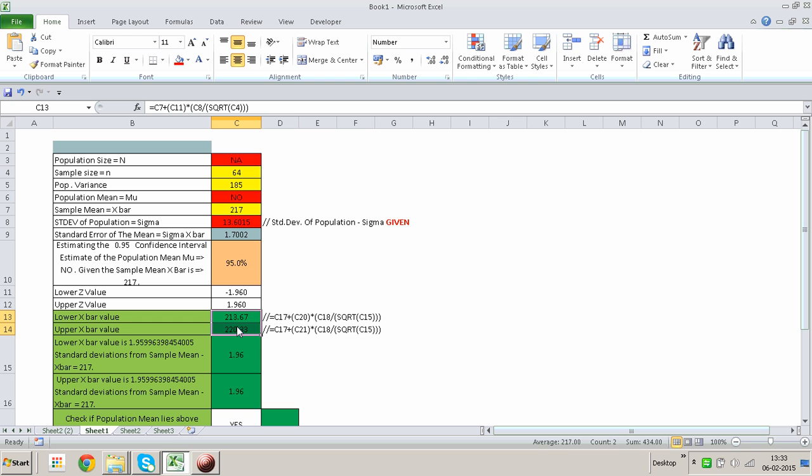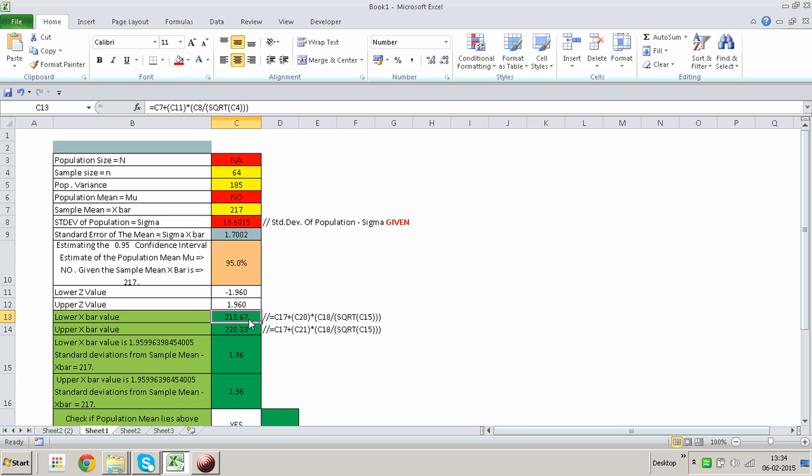So what you're basically saying is that 95% of the times that you take samples of size n from this particular population, the sample mean X bar, which is over here 217, will vary, and 95% of the times it will fall within this range.